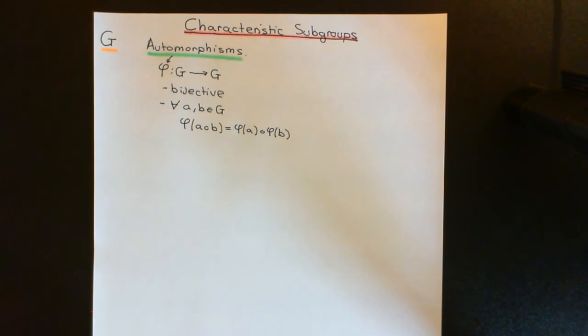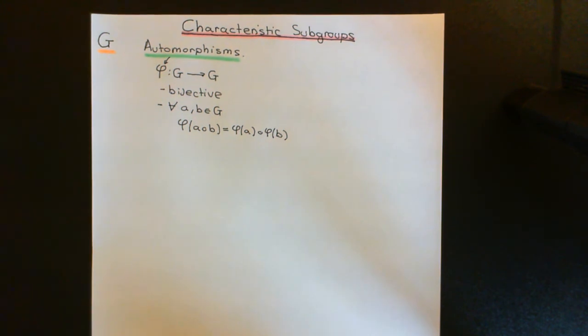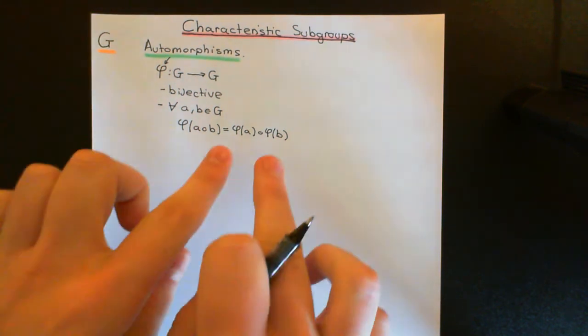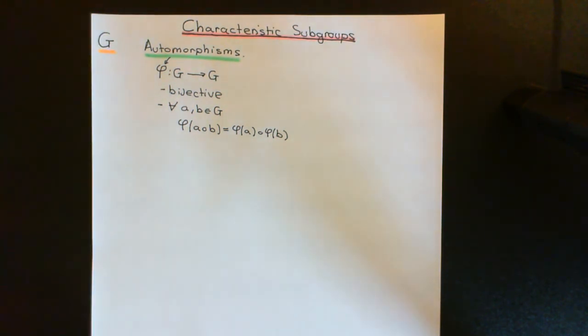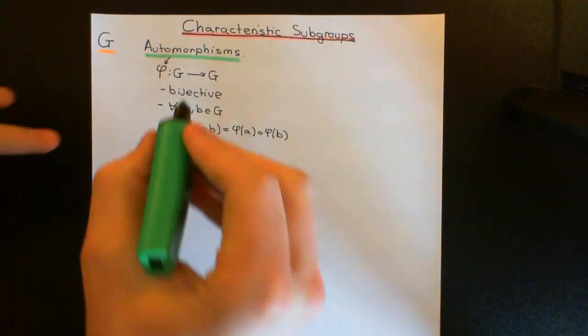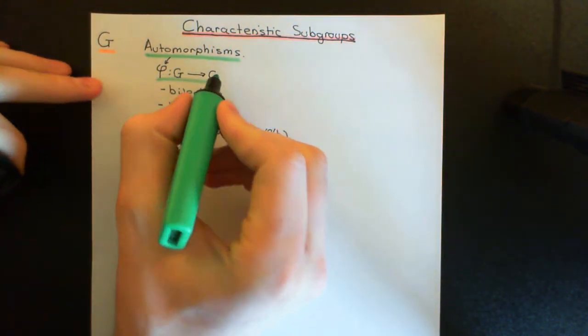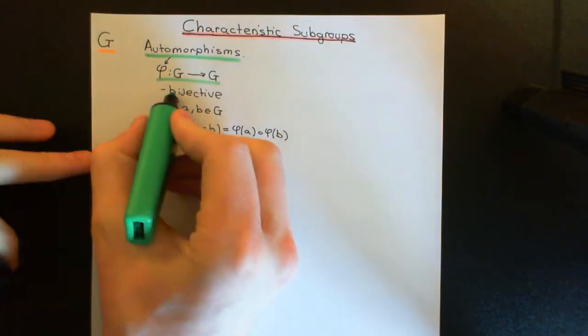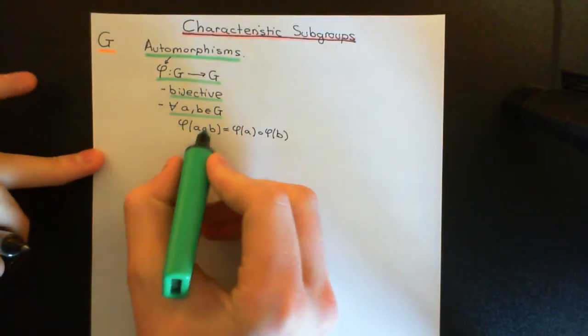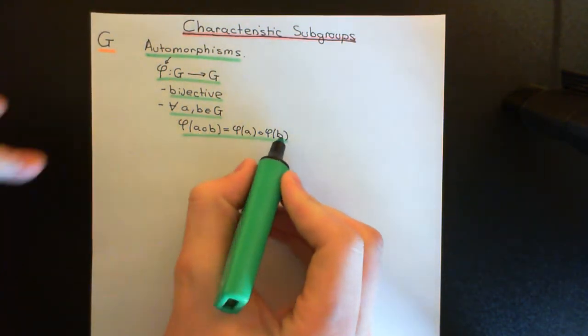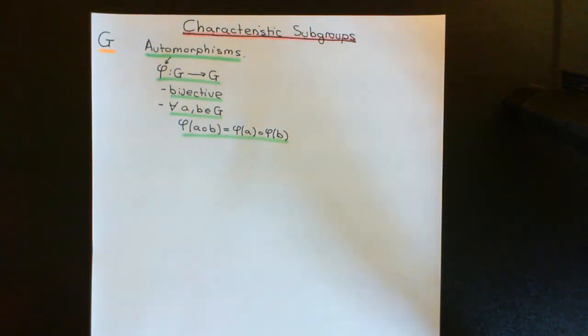On the right-hand side, you're firstly mapping both elements into the codomain group, taking phi of a and phi of b, and then composing them together in the codomain group. Because our domain and codomain are the same thing, those two compositions are exactly the same. So I won't color code the compositions as I usually do when talking about isomorphisms or homomorphisms, because the composition is in the same group.